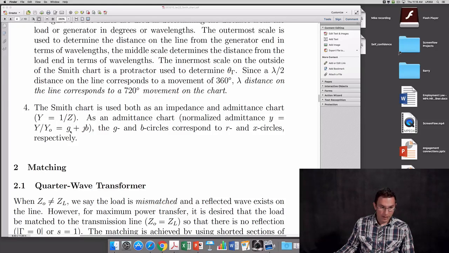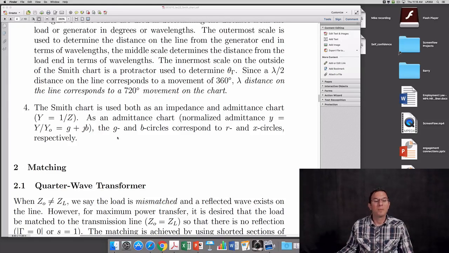So this is the normalized conductance, and b is the normalized susceptance. The little g and little b circles correspond to the little r and little x circles, respectively. We'll do an example at the end of the lecture where I will show you how exactly this works.